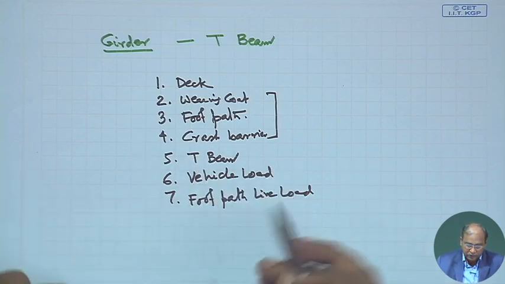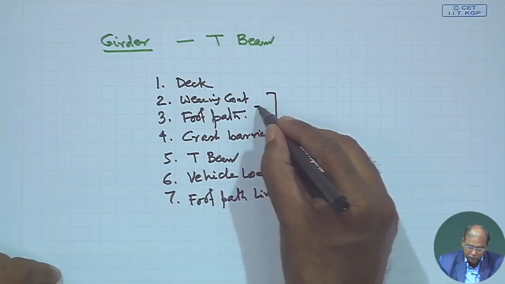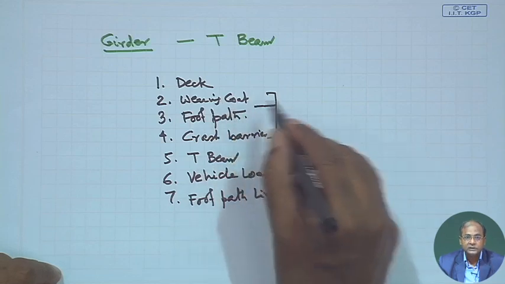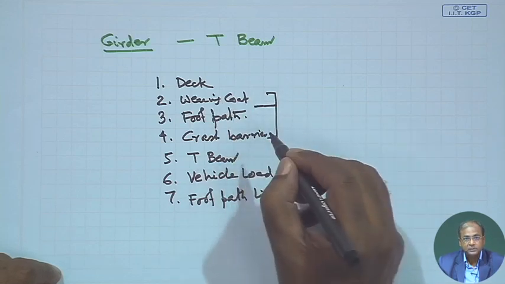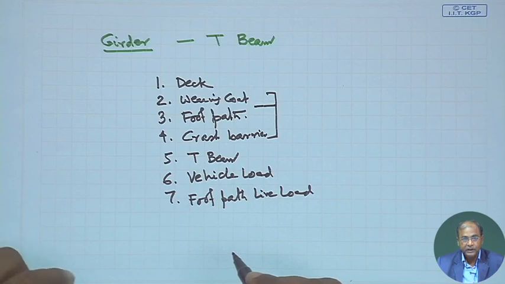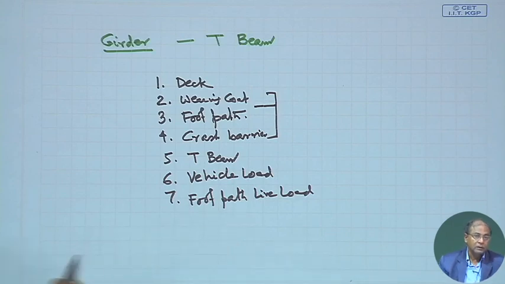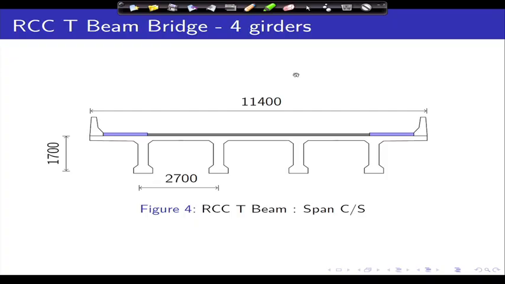Out of that, what can we do with the wearing coat, the distributed load, footpath and crash barrier? How shall we consider them? Coming to the screen, one proposition could be that this load will be taken by this outer girder, and similarly this load will be taken by the other outer girder.